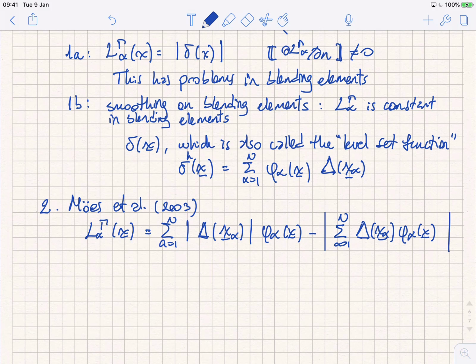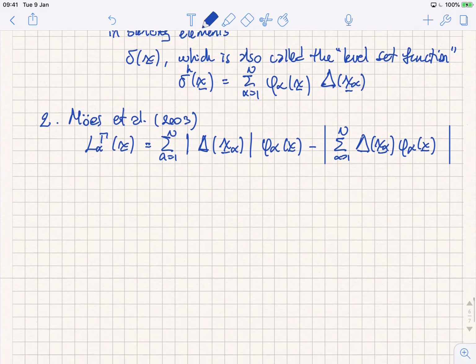Okay. It looks like this. It looks quite complicated, right?